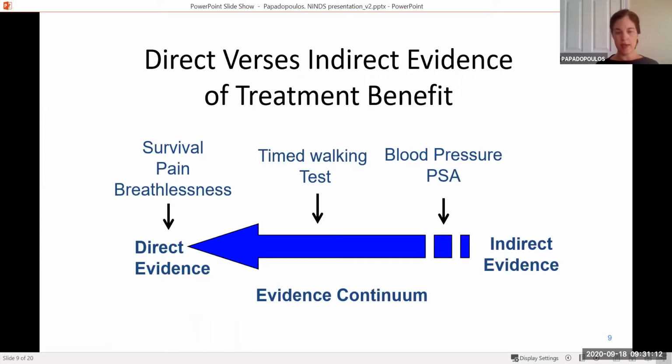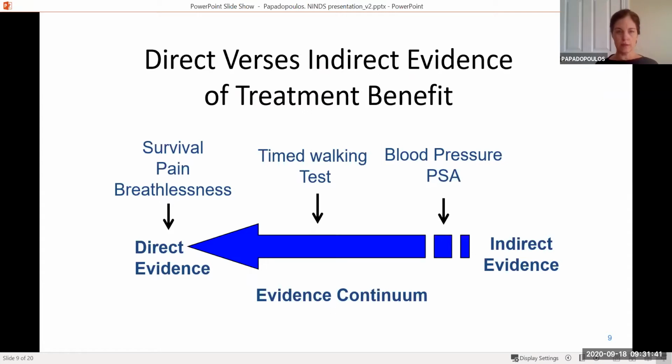And it might be helpful to think of it in terms of a continuum of direct and indirect evidence of clinical benefit. Depending on how indirect something is, the more evidence we may need. So for example, let's take performance outcome measures such as timed walking tests or word recall tests.